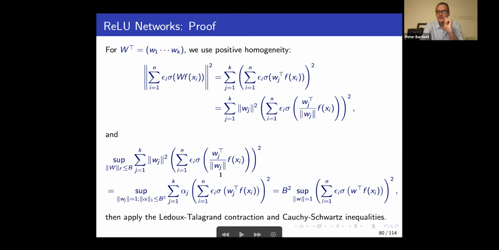We're replacing this normalized vector by one that has norm 1, just a rewrite.